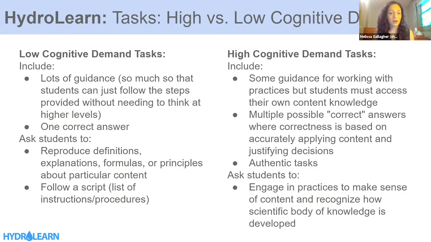And typically low cognitive demand tasks have just one right answer. That's an easy way to identify them. They might ask students to reproduce a definition.